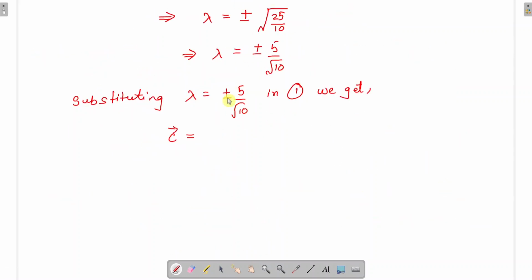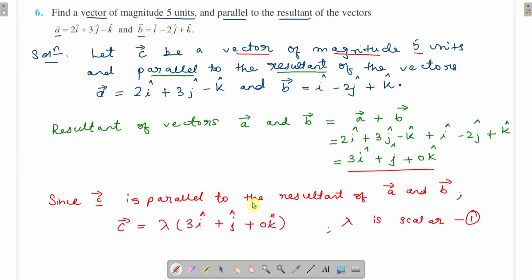So lambda is plus or minus 5 by root 10 into 3 i cap plus j cap plus 0 k cap, right, this vector here.